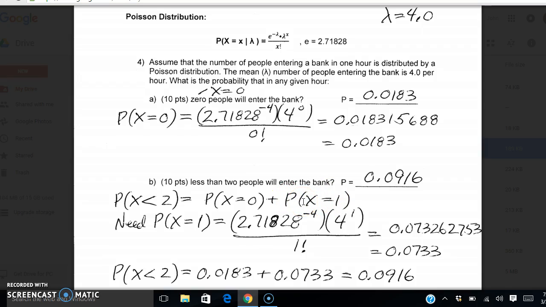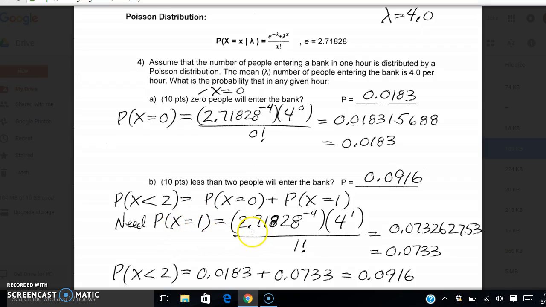Less than 2 people means 0 people and 1 people. So we calculated the probability of 0 people entering the bank in section A. What we need to do here is calculate the probability of 1 person entering the bank. So we need to calculate the probability when x is equal to 1.